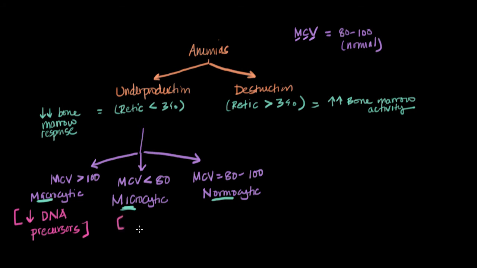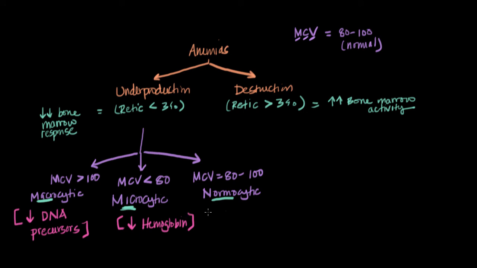General rule of thumb is microcytic anemias are caused by a shortage of hemoglobin, right? Impaired hemoglobin production, whether that's not enough hemoglobin being formed or abnormal hemoglobin formed, whatever the cause, there is a problem with making hemoglobin. Whenever you have a problem with making hemoglobin, that leads to a microcytic anemia.